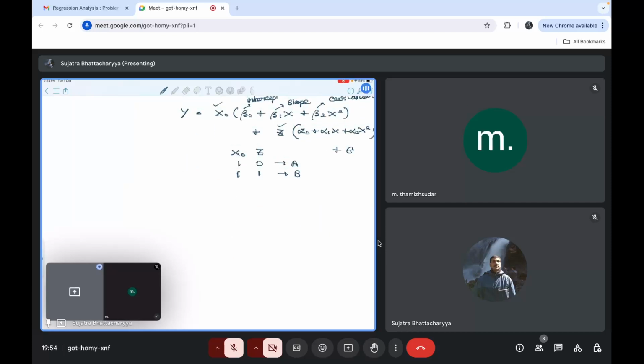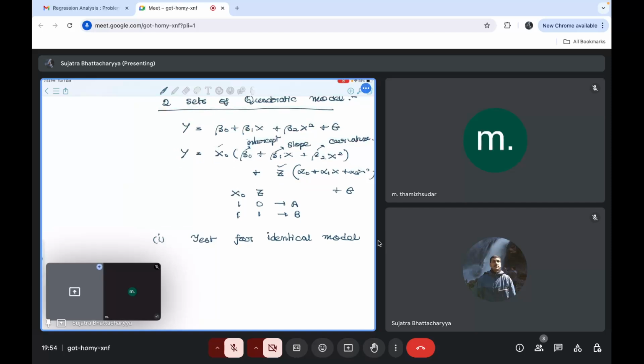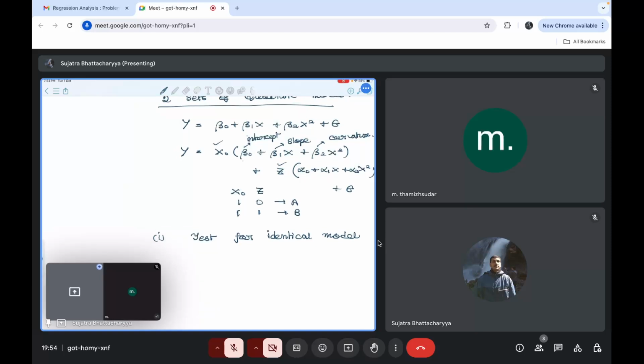Now I will just tell you how to go ahead to test the possibilities quickly. For example, if you have to test for an identical model, what will you do? You have this equation, right? Identical model means beta naught, beta 1, beta 2 are the same for all the cases.